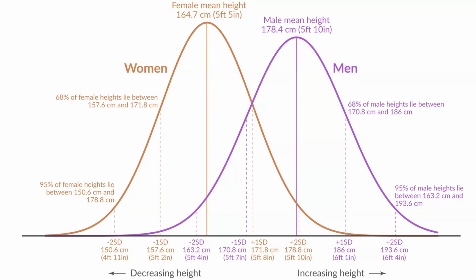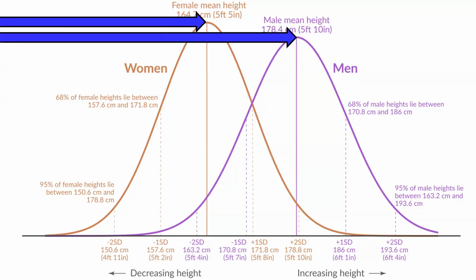That's actually a really good observation, because if you take a look at the frequency of the average female height, that has a higher frequency than the frequency of the average male height. There are more women who are 5'5", which is the average female height, than there are males who are the average male height of 5'10".